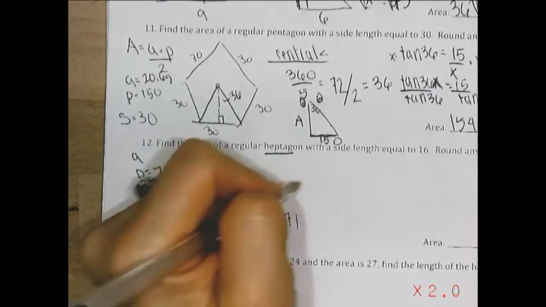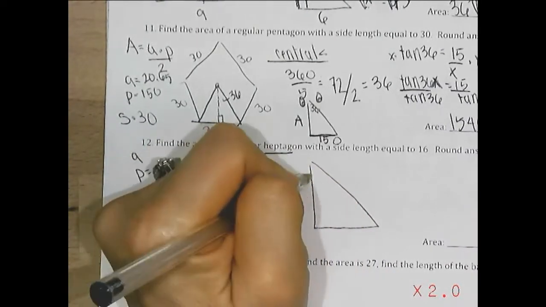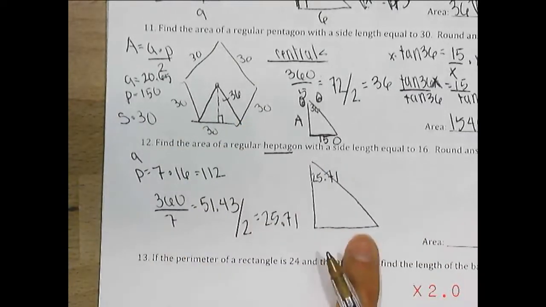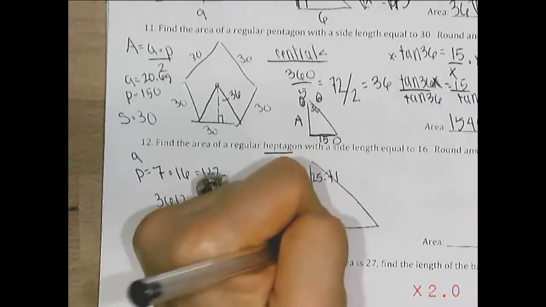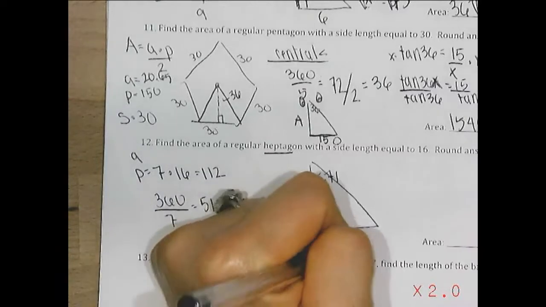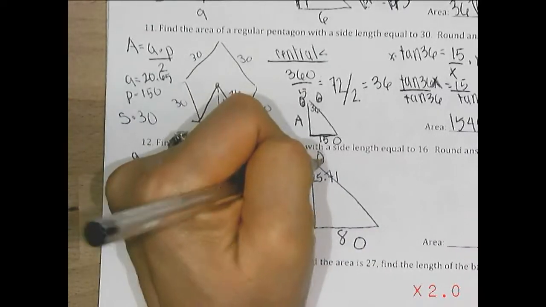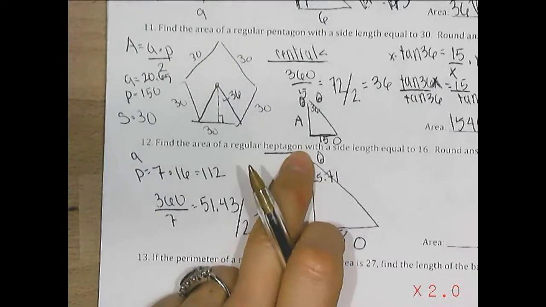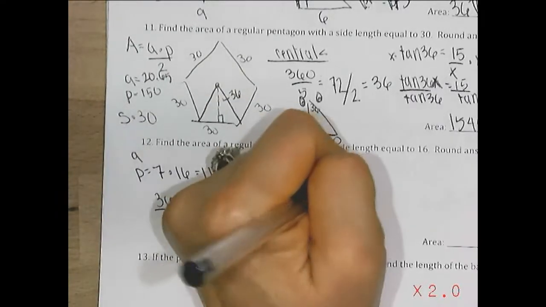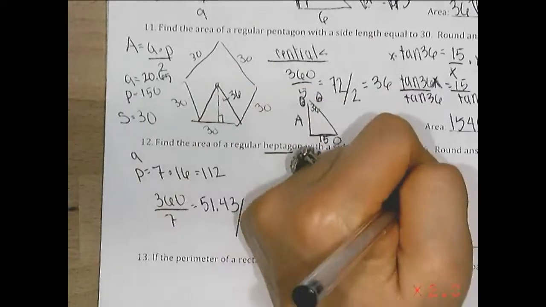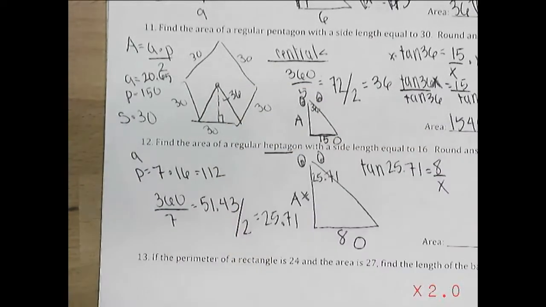So I'm going to have a right triangle, 25.71, and now the side length is no longer 16, but 8. All right, this would be my opposite, this would be my adjacent. This is the side I want to solve for, because that's my apothem, right? From our googly eyes, opposite, adjacent. So I'll have tangent 25.71 equals 8 over x.